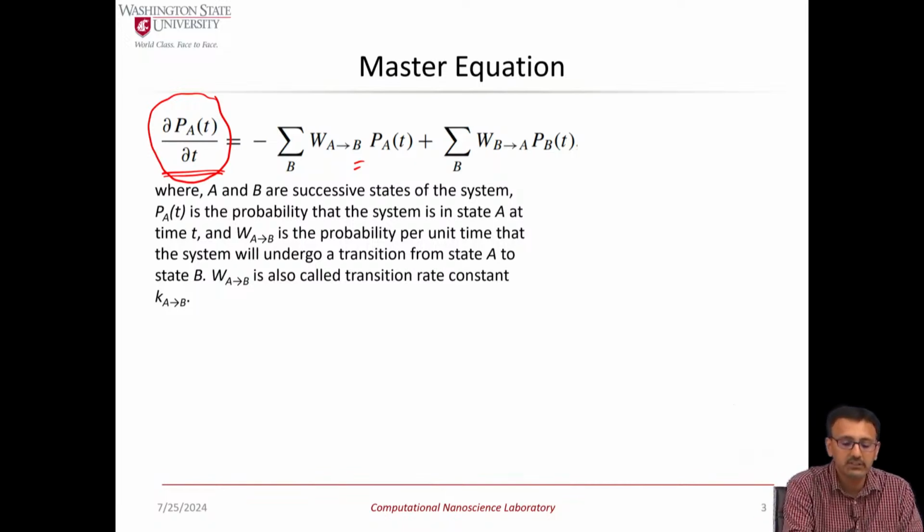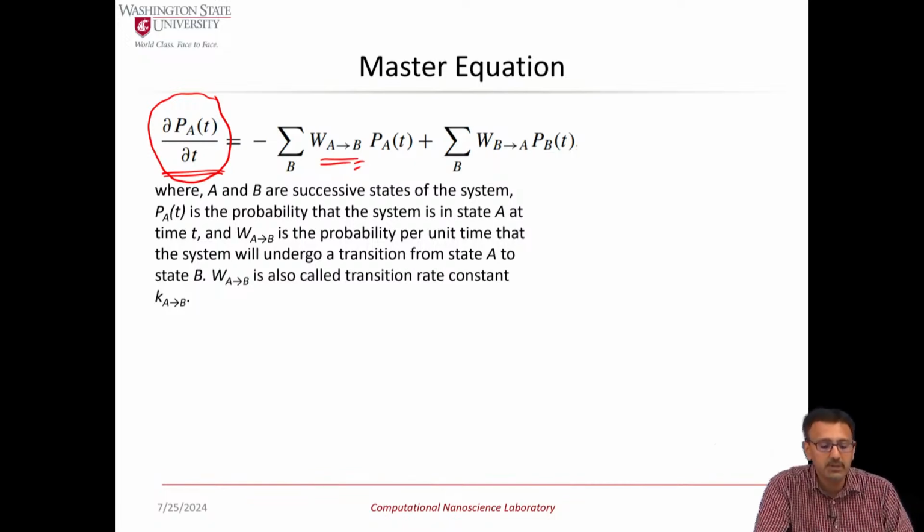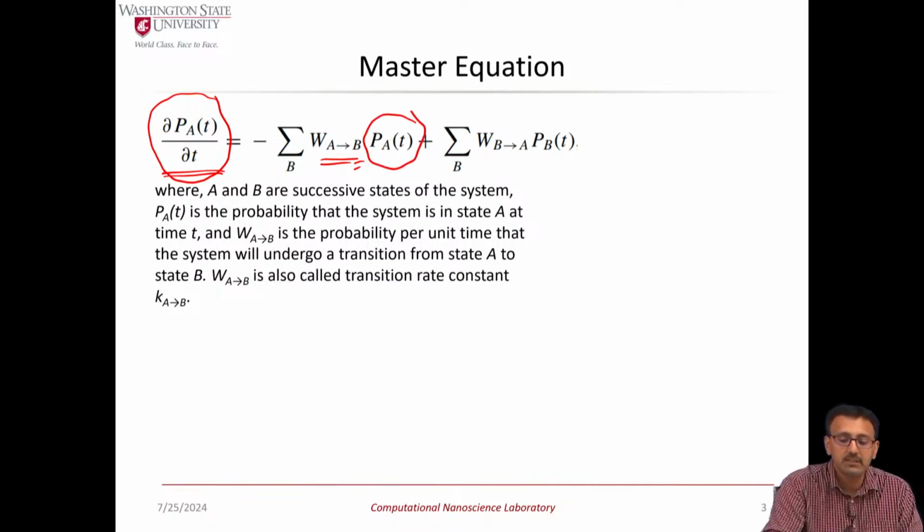These functions W A to B are basically a probability per unit time, you can think of it that way, for the system to transition from the state A to state B, along with the probability of the system staying at state A or staying at state B.